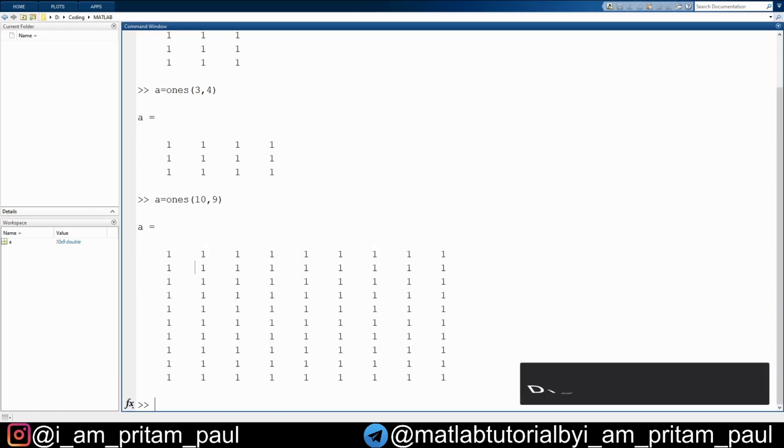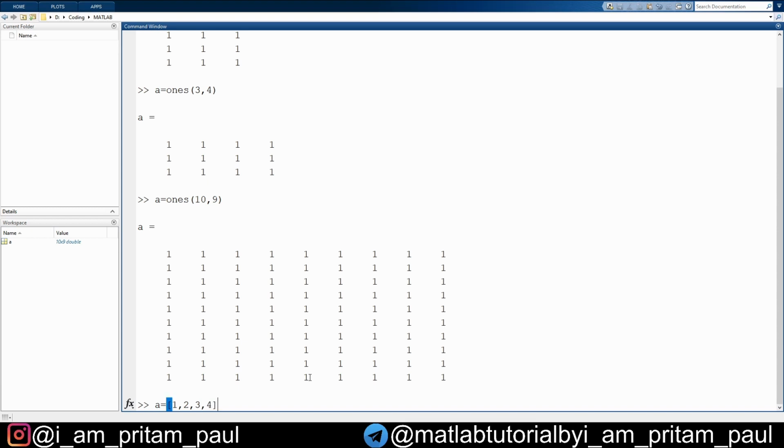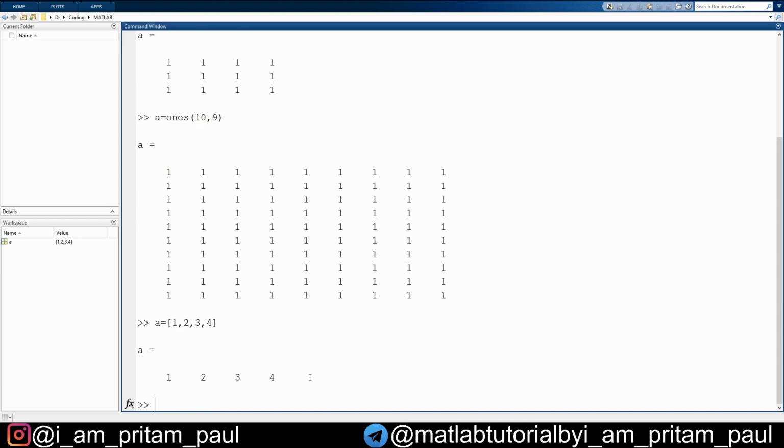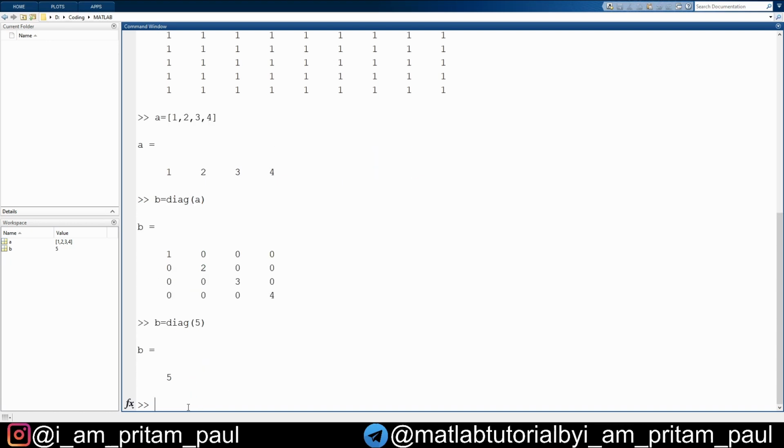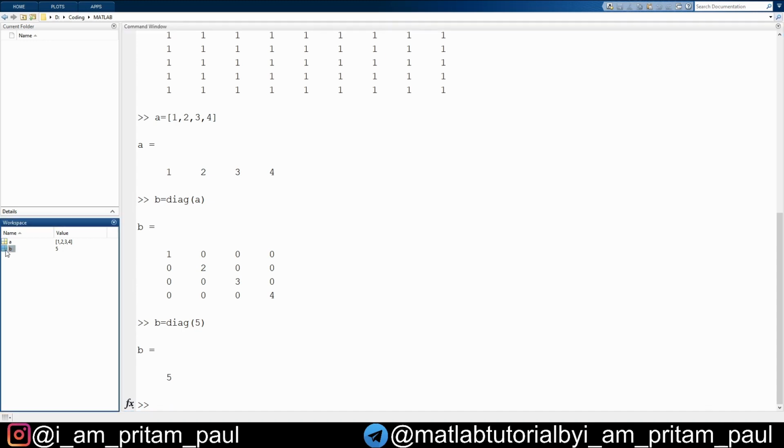Now let's talk about diagonal matrix. If I write A equal to 1, 2, 3 and 4, and then if I write B equal to DIAG of A, then this will be the 1, 2, 3, 4 matrix. Now if I write B equal to 5, only 5 will be the diagonal matrix. That means the matrix will be containing only 5.